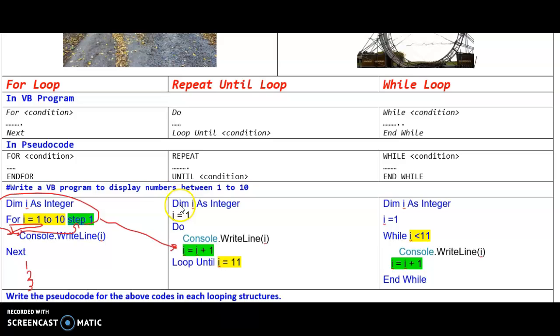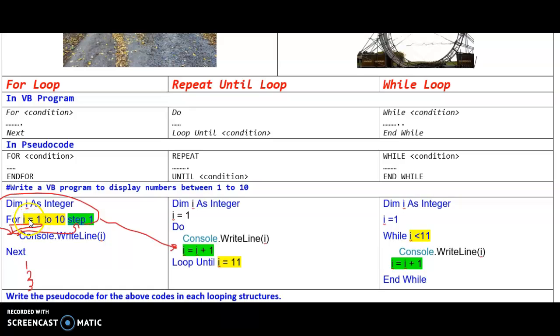Now let's have a look at the Repeat Until loop. How can we write a Repeat Until loop? You need a variable, the looping variable, so that's why you declared it. After that you can see a new statement. Here in the For loop you cannot see the statement I = 1, because at the beginning we wrote I = 1 inside the loop header.